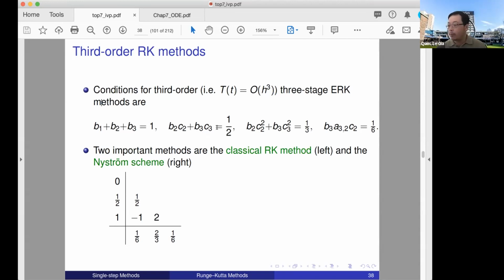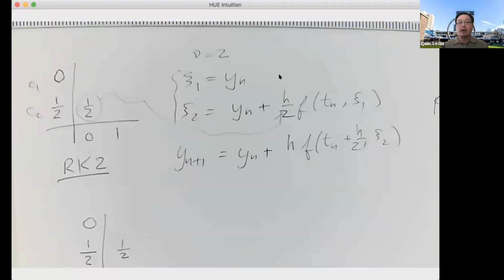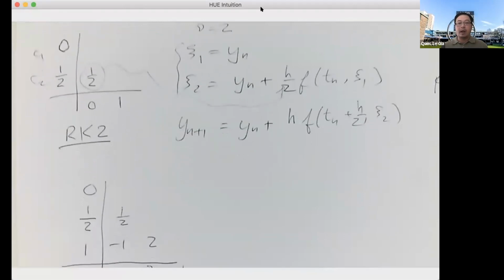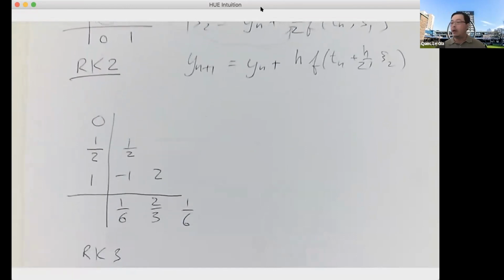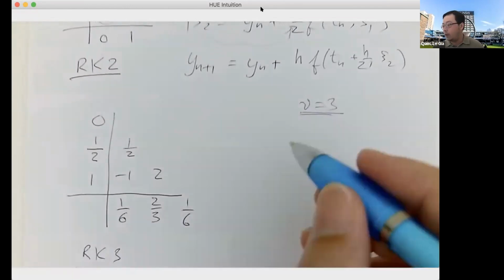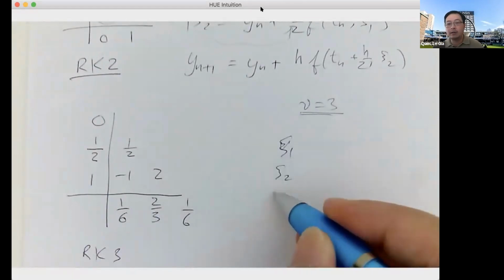So now let me try to write down the formula for the second table. This is my RK3, so remember here we have nu equal 3. And then you have xi1, xi2, xi3.